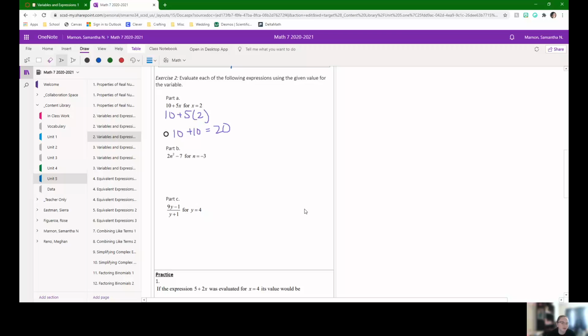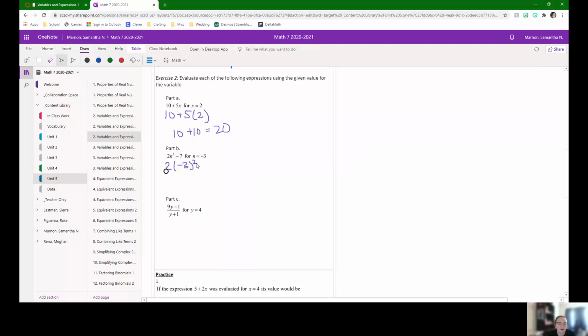So pause the video and try part B. Okay, so we have 2n squared minus 7 for n equals -3. So I'm going to do 2. For my n, I'm going to put it in those parentheses. This is going to be -3, and the square is on the outside of the parentheses.